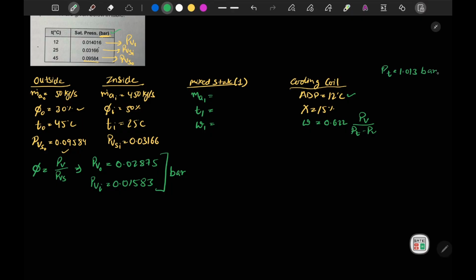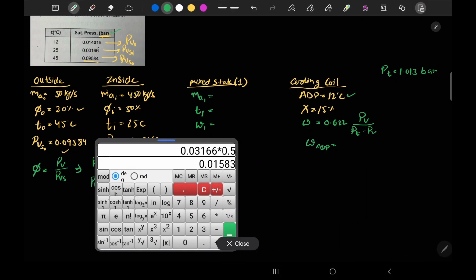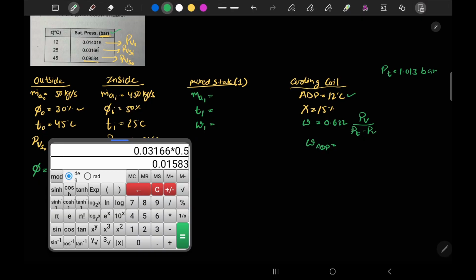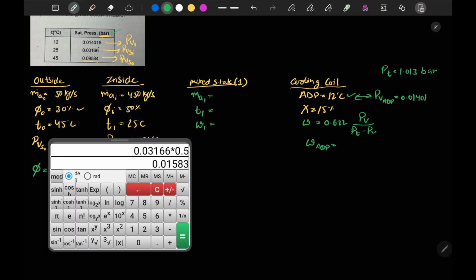Now, if we calculate omega at the ADP location, omega ADP can be calculated using PV at ADP. At this temperature, PV at ADP is equal to 0.014016 bar.